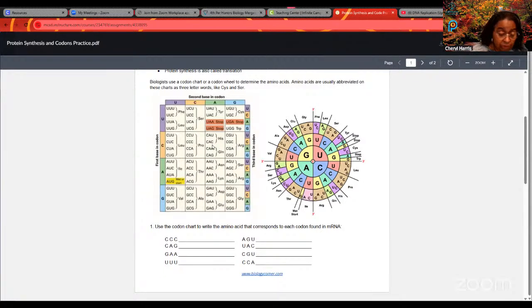And then the 3rd base is G. So if I run my finger from the G on the 3rd side, that's the bottom ones. So CAG is, the abbreviation is GLN. That's what you'll write on your line. The amino acid is GLN.